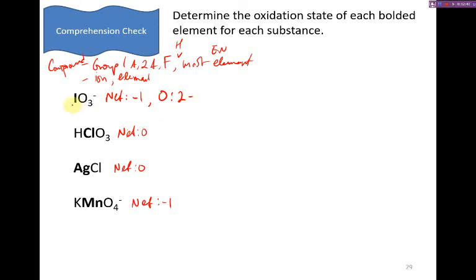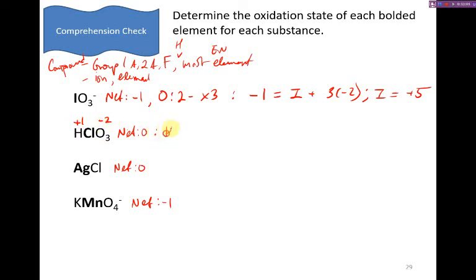And so now, we have 3 of those. So we know that the sum of iodine plus the 3 oxygens is going to be -1, which means that the iodine has to be a +5. Here, first hydrogen is +1, each oxygen is -2.